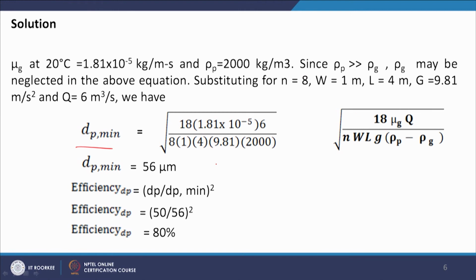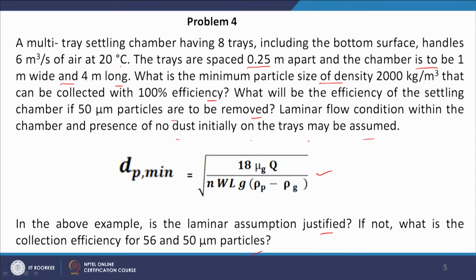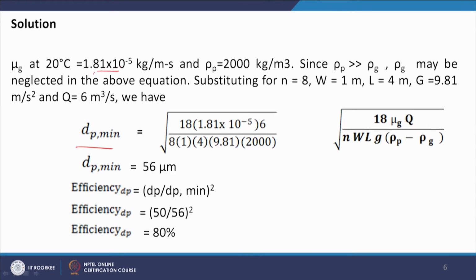So, now we will take the values. Mu g at 20 degree centigrade is given as 1.81 into 10 to the minus 5 kg per meter second. Rho p is 2000 kg per meter cube, it is given.